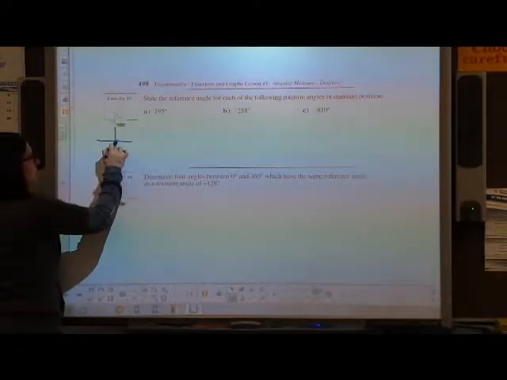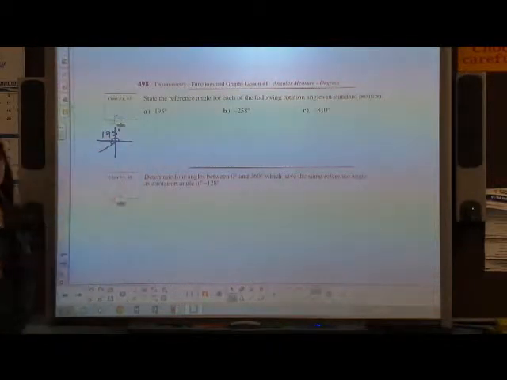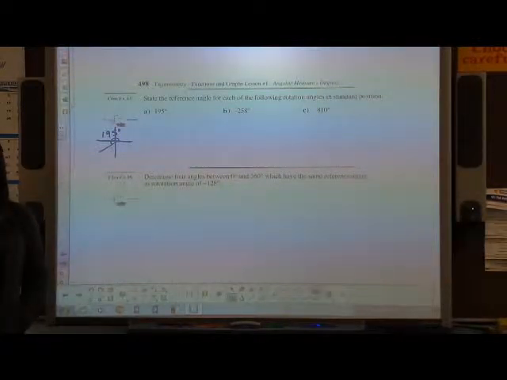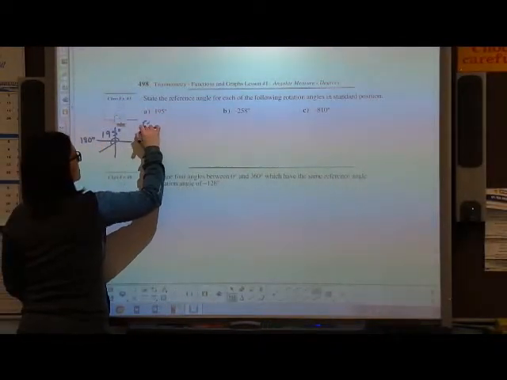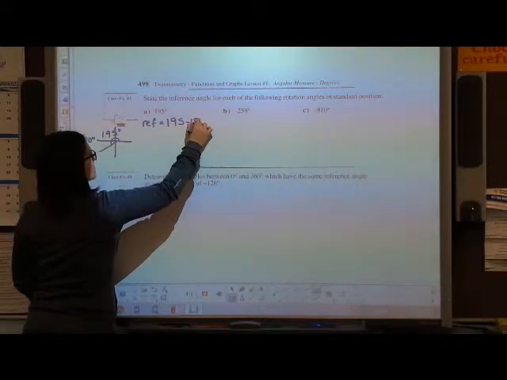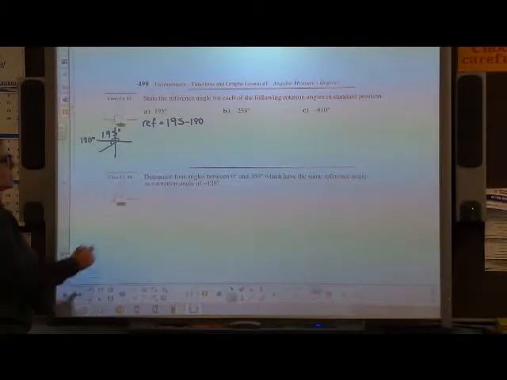Quadrant 3. So how do I find the reference angle when I'm in quadrant 3? 195 minus 180? That's what I heard you say.